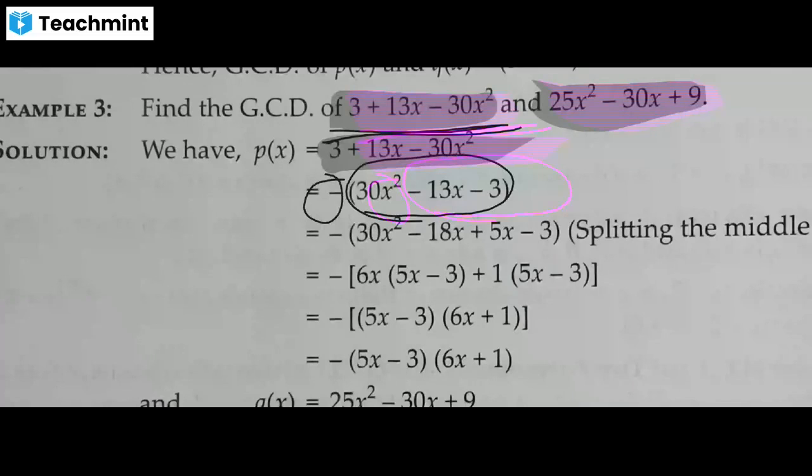So this minus 30x square inside the bracket, plus 13x becomes minus 13x inside the bracket, and plus 3 becomes minus 3 inside the bracket. The reason is we have taken one minus common outside. If you don't take this minus common, then you must write their signs as they were.